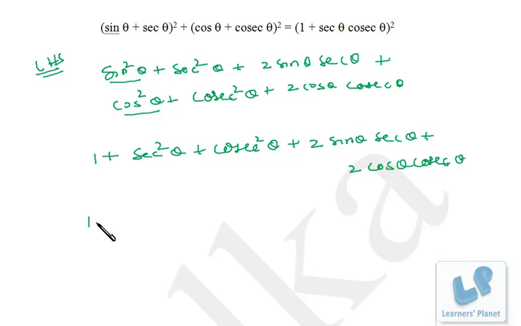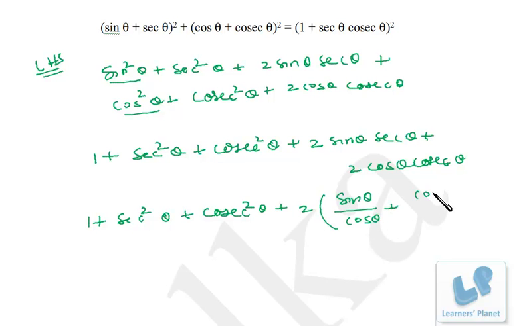Now 1 plus sec square theta plus cosec square theta plus, I take 2 as common from these two terms, and this is what? Sin theta by cos theta, since sec theta is 1 upon cos theta, so it is sin theta by cos theta, and similarly it is cos theta by sin theta, right? So it's 1 plus sec square theta plus cosec square theta plus 2.